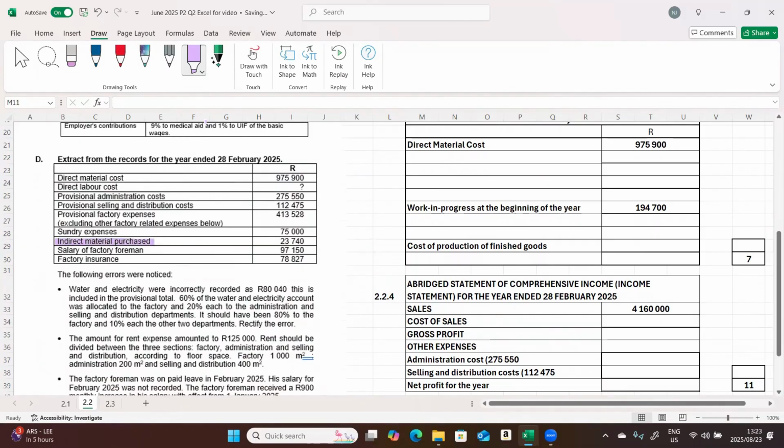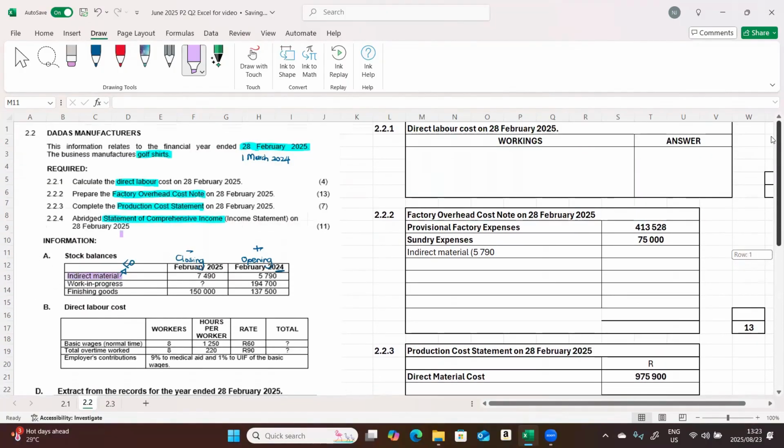So it's your opening balance, which we already have in our calculation. Then you add your indirect materials purchased of 23,740. We can add that quickly.